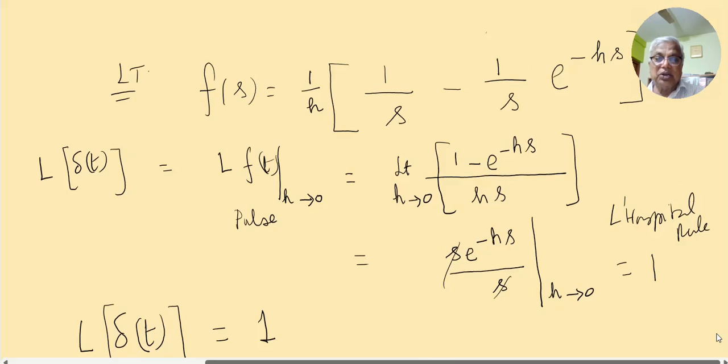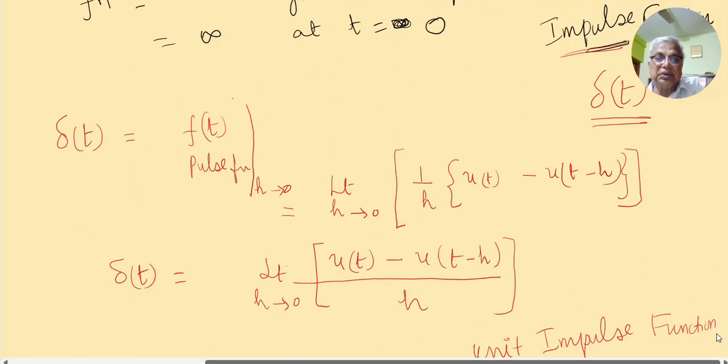Now there is another point to be noted here. The impulse function is given by this equation: the limit of h tending to 0 of [u(t) minus u(t minus h)] by h.